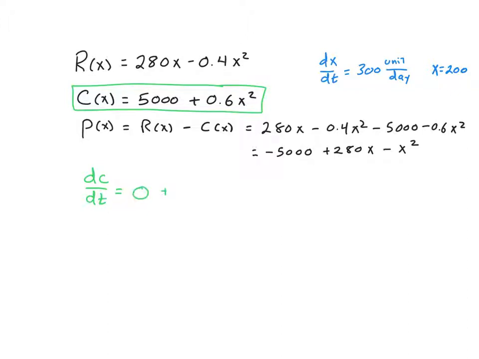Now I've got the plus 0.6, and the derivative of x squared will be 2 times x to the first power times dx/dt. Now I can put in my 300 for dx/dt and 200 for x, and so dC/dt, if I put that all into the calculator, I get 72,000 per day, and those are probably dollars.